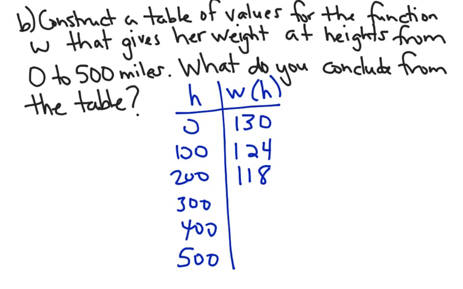At 300 miles above the Earth, she is 112 pounds. At 400 miles, she's 107 pounds. And at 500 miles, she's 102 pounds. Well, what's happening is the more miles above the Earth's surface that she is, the less she weighs.